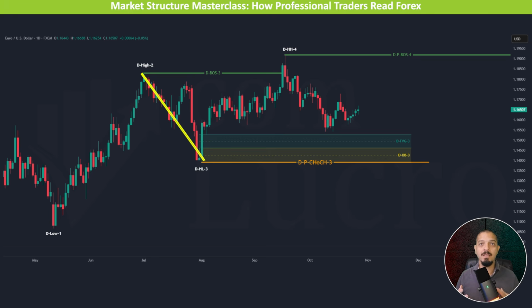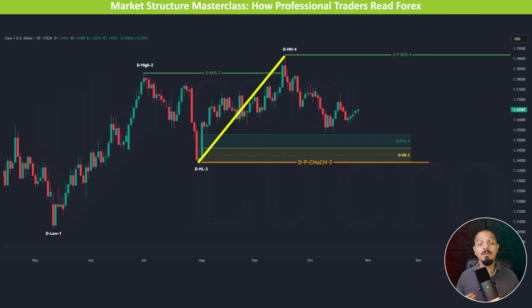During this retracement, the market forms daily higher low 3. This correction performs the typical role of a retracement within the structure. It helps rebalance inefficiencies created during the impulse, generates liquidity in the market, and prepares the conditions for the next expansion. The formation of daily higher low 3 confirms that bullish control remains intact after the initial expansion.